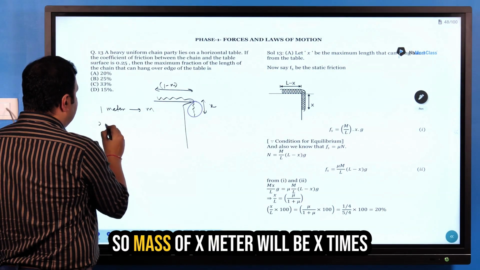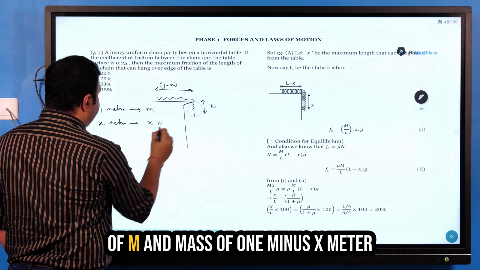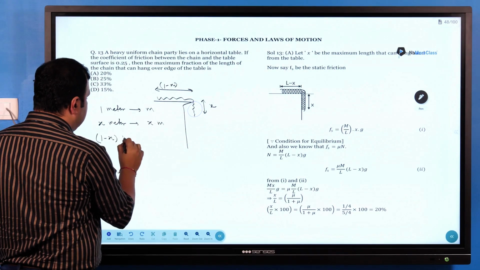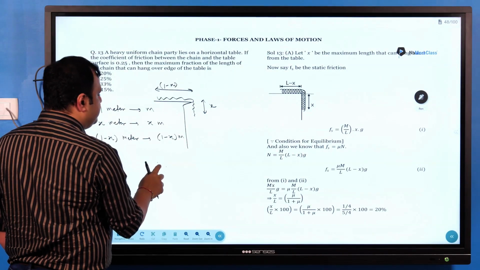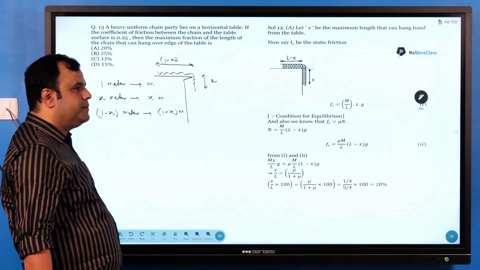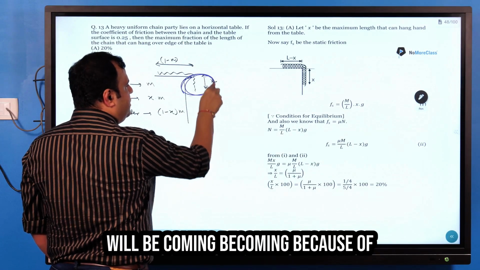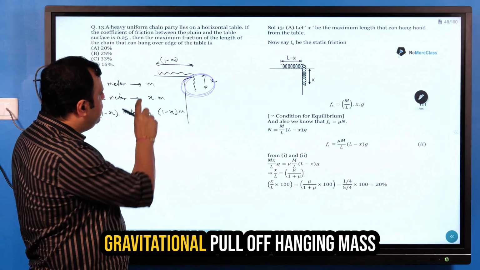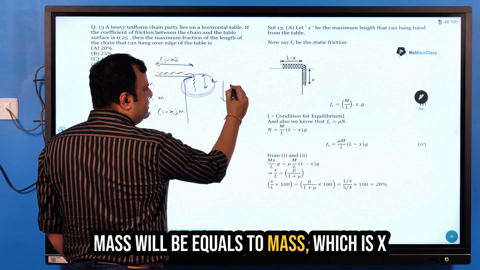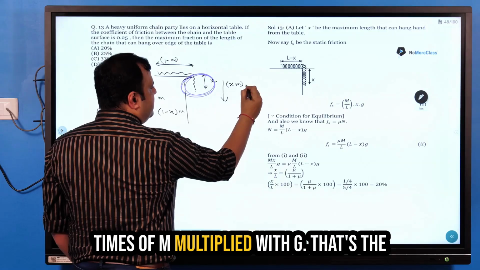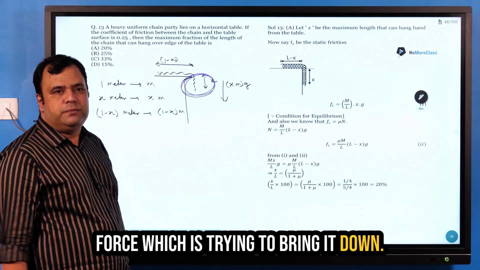So the mass of x meter will be x times m, and the mass of 1 minus x meter will be 1 minus x times m. The downward force in this case will be coming because of the gravitational pull of the hanging mass, which will be equal to the mass, x times m, multiplied by g. That's the force which is trying to bring it down.